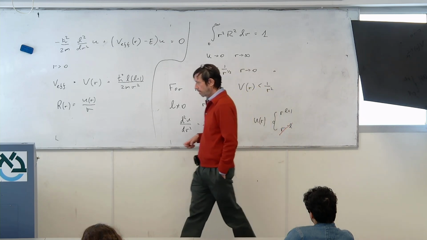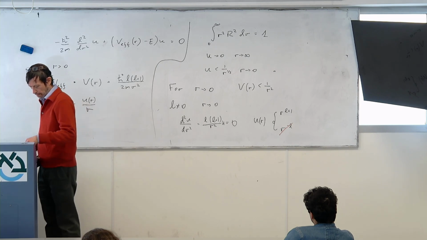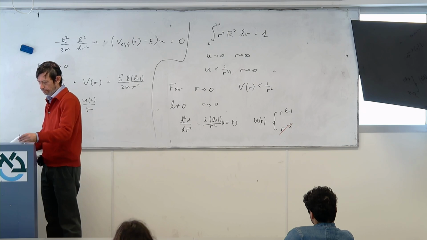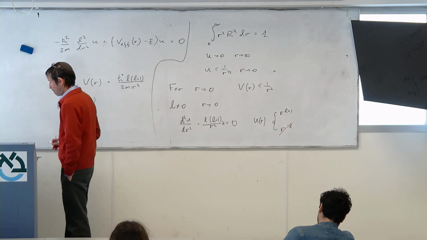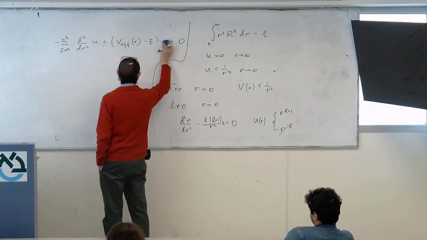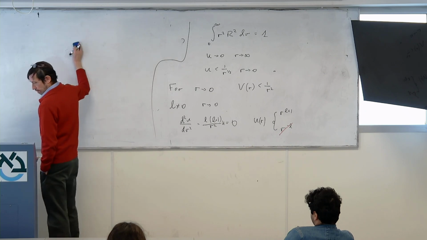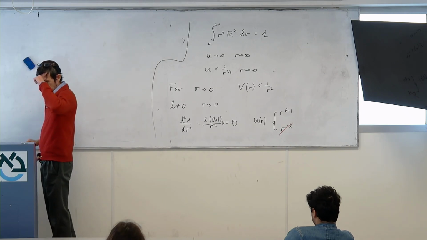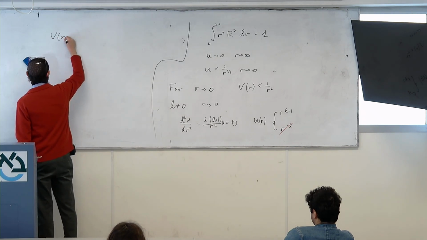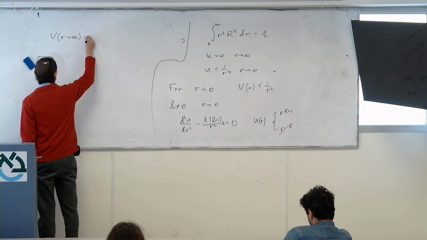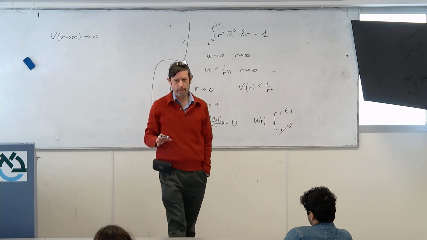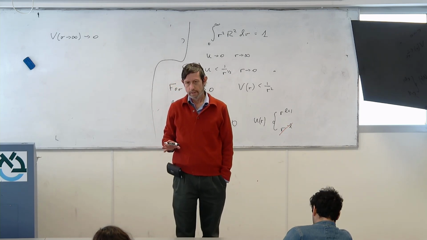Let's look at the other limit. For the other limit, V(r) at infinity goes to 0. Why do I choose this limit?